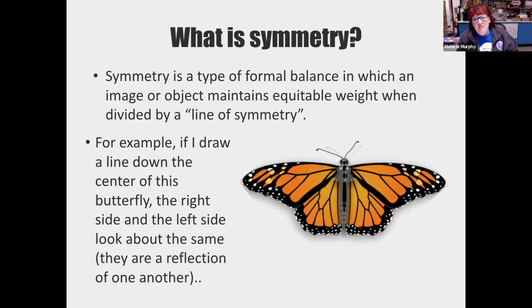Symmetry should not be a brand new concept to anybody, but let's apply it to what we're talking about here with the introduction of shape. Symmetry is a type of formal balance. Formal means intentional and organized, in which an image or object maintains equitable weight when divided by a line of symmetry. This doesn't mean it has to be exactly equal.